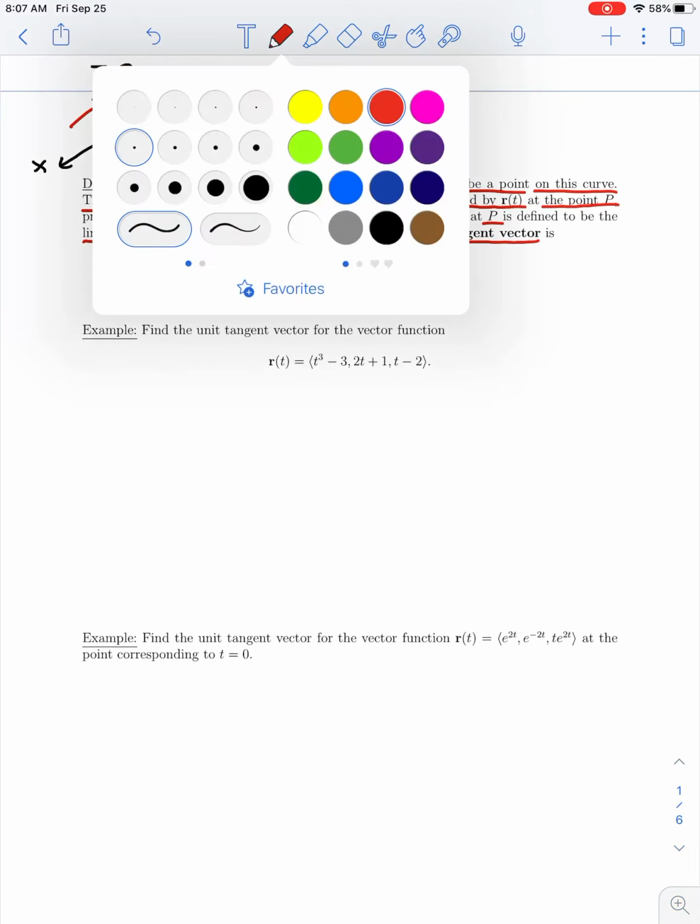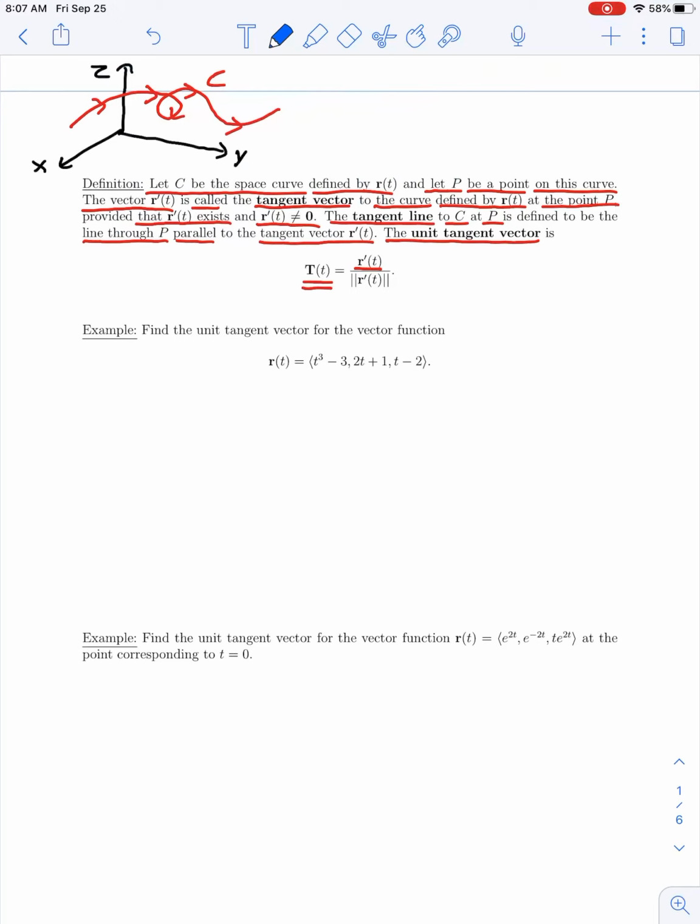So if we have any point on this space curve C, let's call that point P, the tangent vector to this curve is a vector which lies tangent to the curve at that point, and is pointing in the direction of motion along our curve, or it points in the direction of the orientation of our curve.